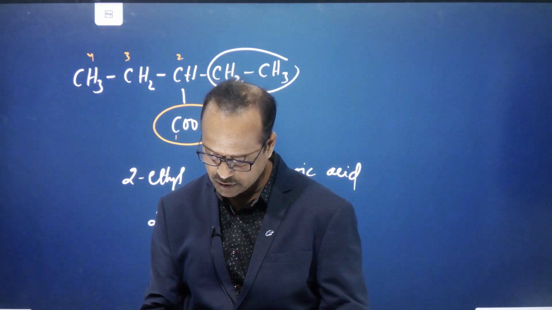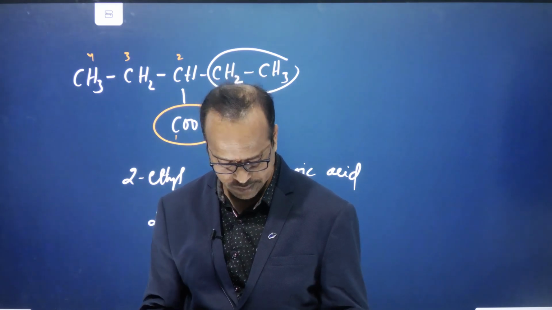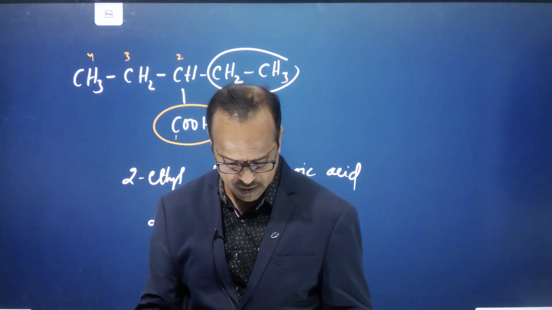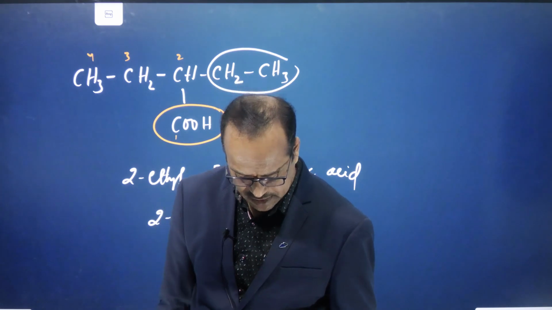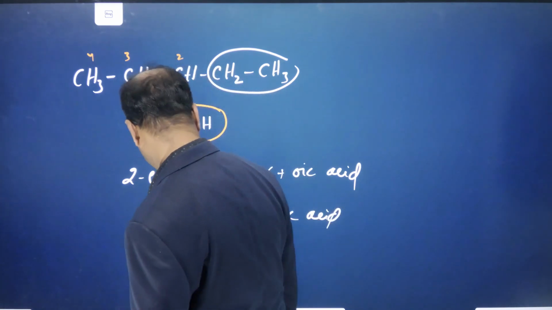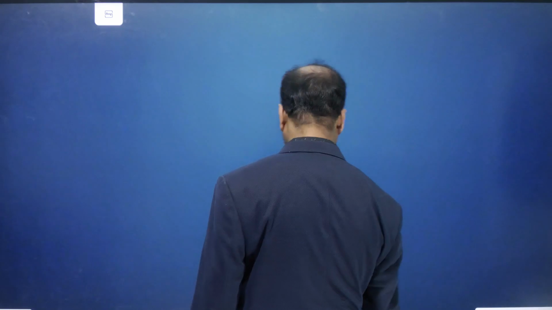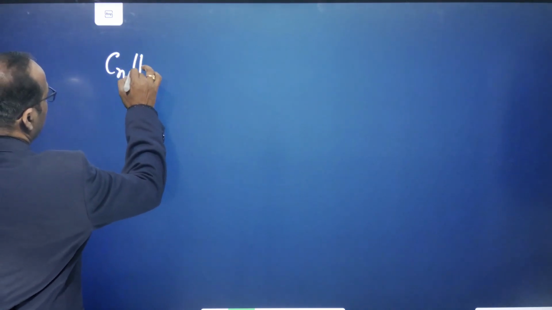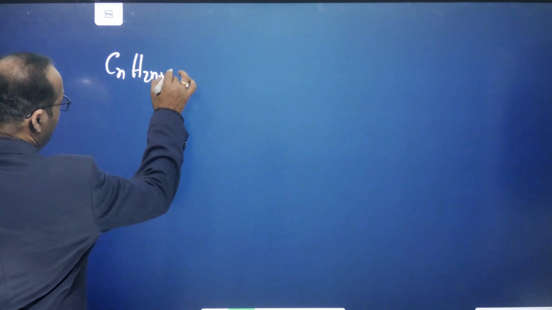I think we practiced some related questions, but once again, open page number 68. We do the exercise now. The general formula of alcohol is what? CnH2n+1 OH. Why? Because in CH3OH, methanol, there is one carbon and 3 hydrogens, which is 2n plus 1.